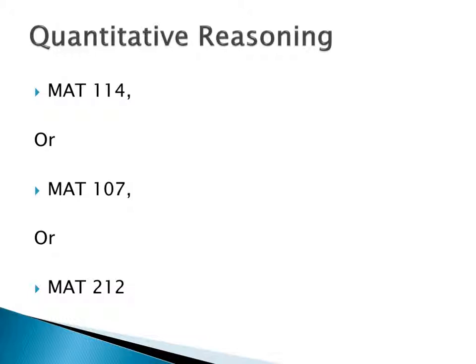Math 114 is geared for students who aren't going into STEM fields and who don't need a lot of extra math. Math 107 is geared towards students who are going into STEM fields. And statistics is geared towards anybody who may need statistics in their future program of study.